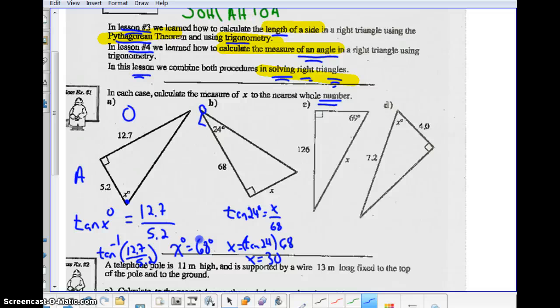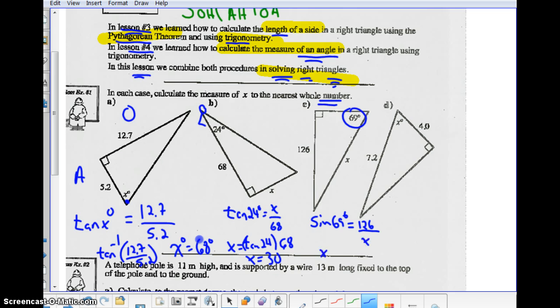In the next example, I'm standing at 69, and so my ratio from that position would be sine of 69 degrees is equal to 126 over x.